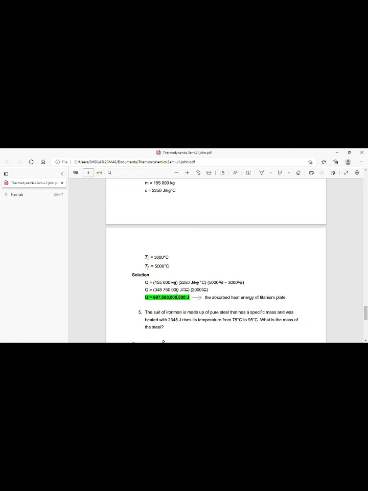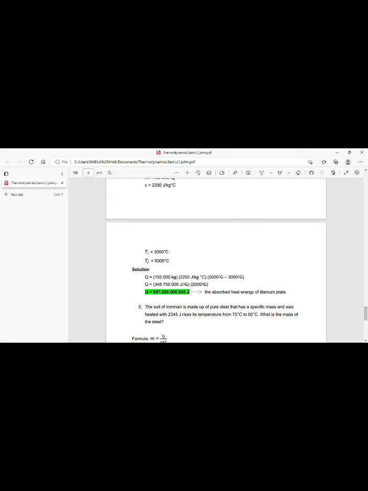Joules per degree Celsius, because we are cancelling the unit degree Celsius, times 2,000 degrees Celsius, and we cancel the units so that only joules will remain to find our heat energy, because the unit of the heat energy is joules.